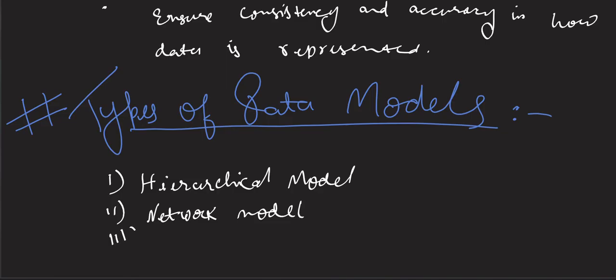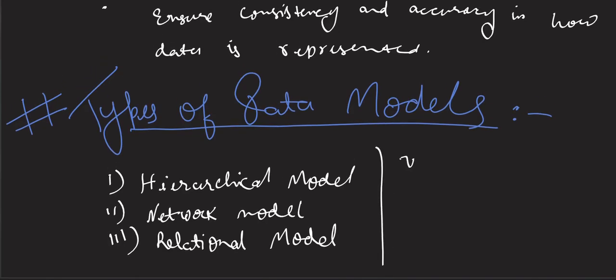Third one is the relational model. The next one is the ER model, and the next one is the object oriented model.